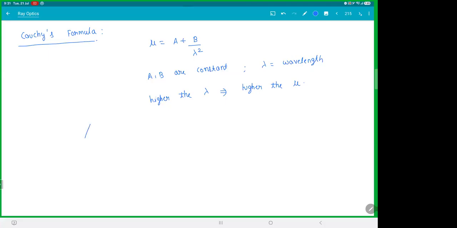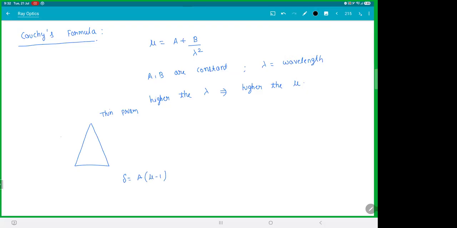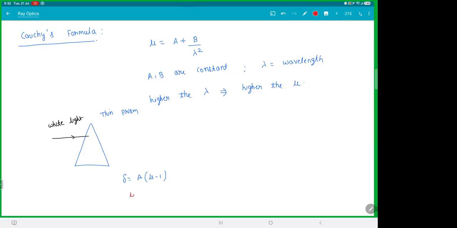So that means when you take a thin prism, just now we derived the deviation delta is A into mu minus 1. So if you send a white light, again, I'm drawing a black line because I can't draw a white line here. If this is a white light, mu of red is greater than mu of blue or violet.